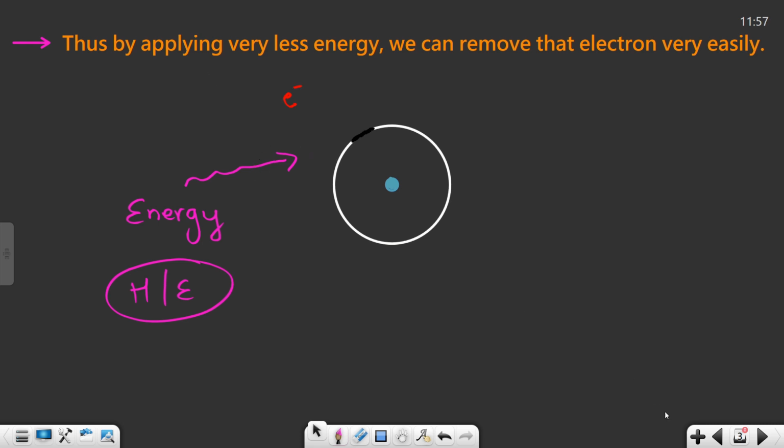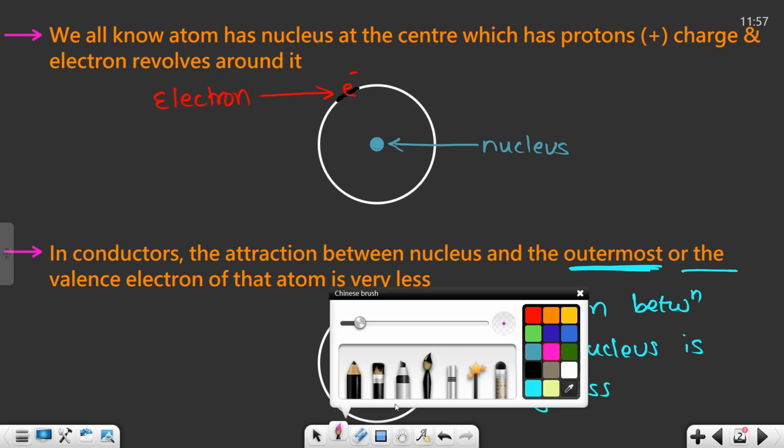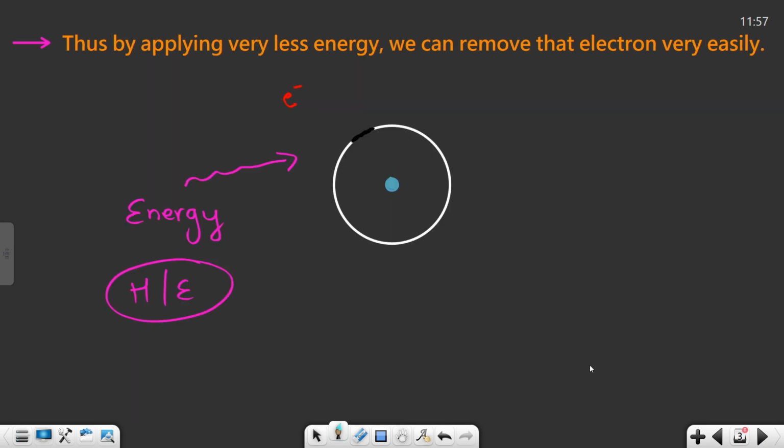Again I'll just repeat. In case of conductors, this is very, very important. In case of conductors, the attraction between the nucleus and the outermost or the valence electron of that atom is very, very less, due to which, by supplying very less energy, we can remove that electron very easily.